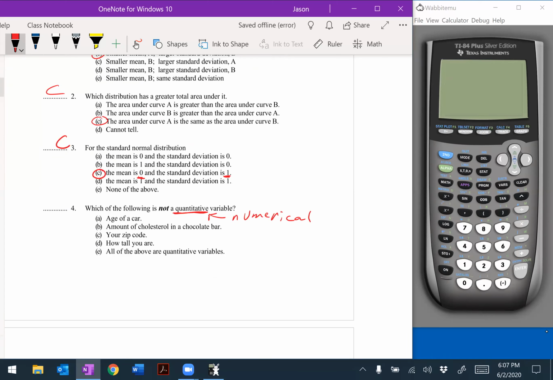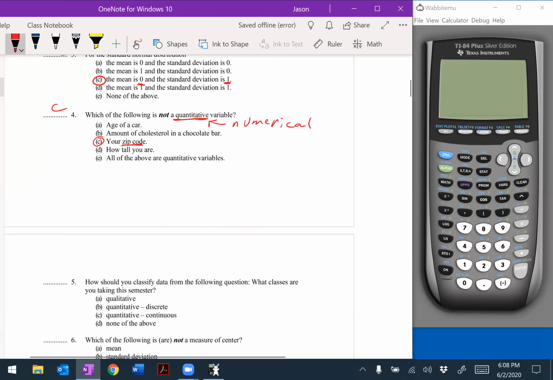Age of a car, numerical. Amount of cholesterol in a chocolate bar, numerical. How tall you are is numerical. What about your zip code? Your zip code, even though it's a number, is not numerical. It is actually categorical. It's a category based on five digits. So that is not quantitative.